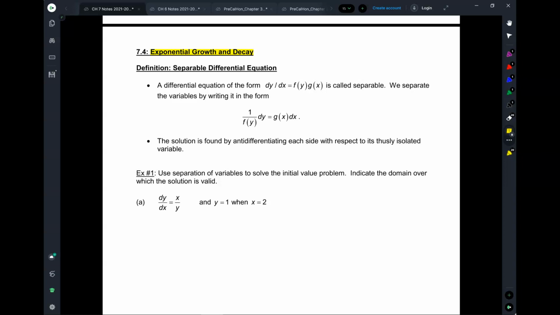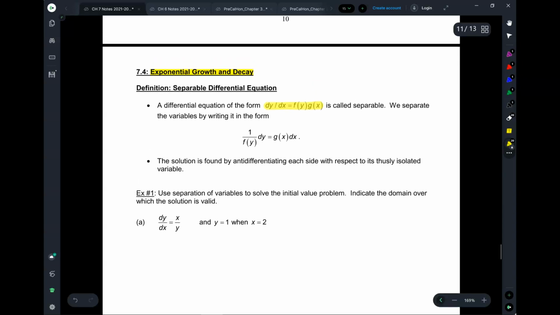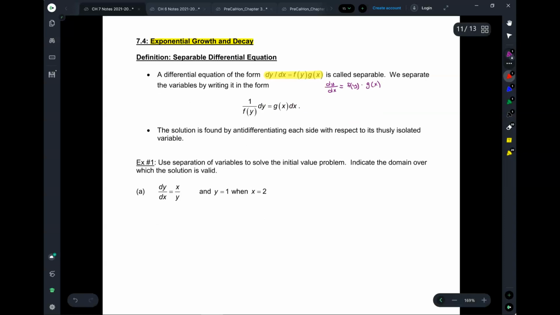When you have a differential equation in the form where you have dy/dx is f of y times g of x, we call it a separable equation. What does it mean? You can separate the variables like this. So for example, if dy/dx is equal to some function with a y in there times another function with an x in there, you can divide both sides by f of y, right?